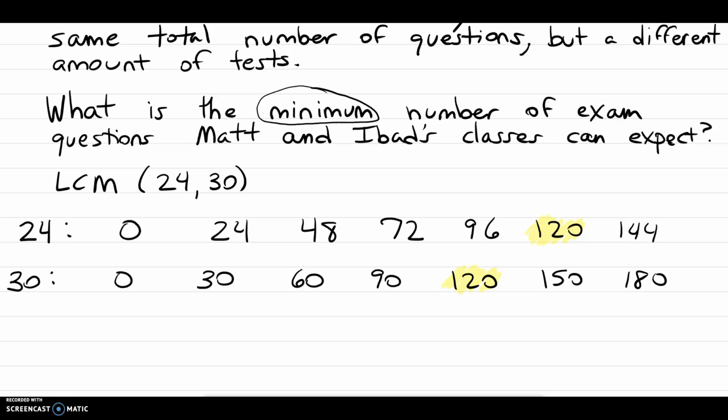So to answer the question, the minimum number of exam questions they can expect is 120 questions, because that was the least common multiple of the number of questions that each class was given.